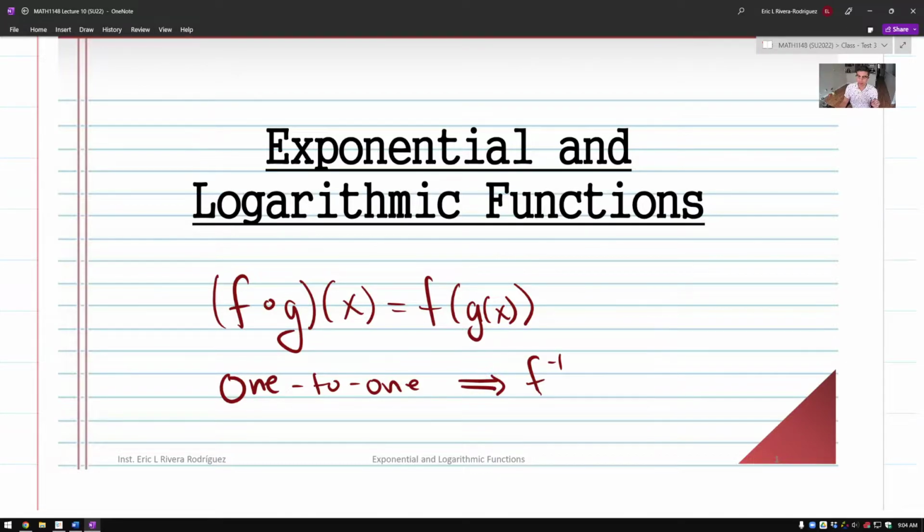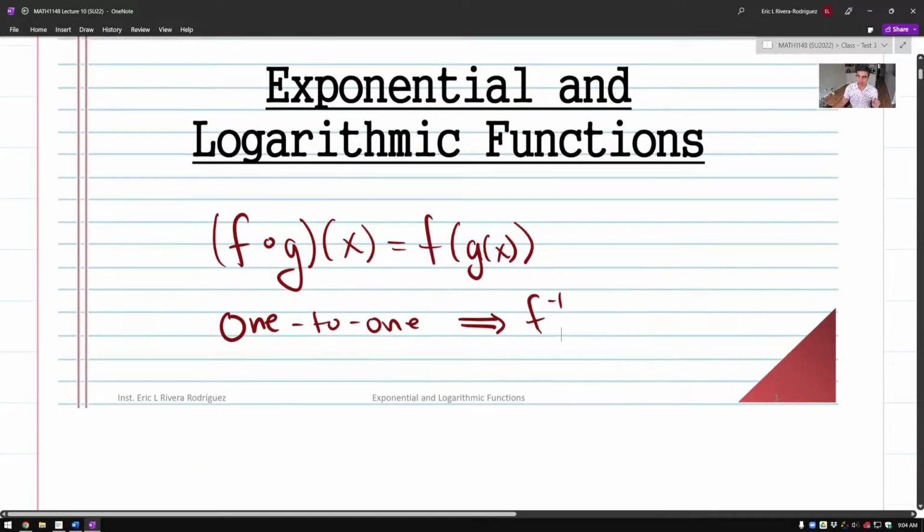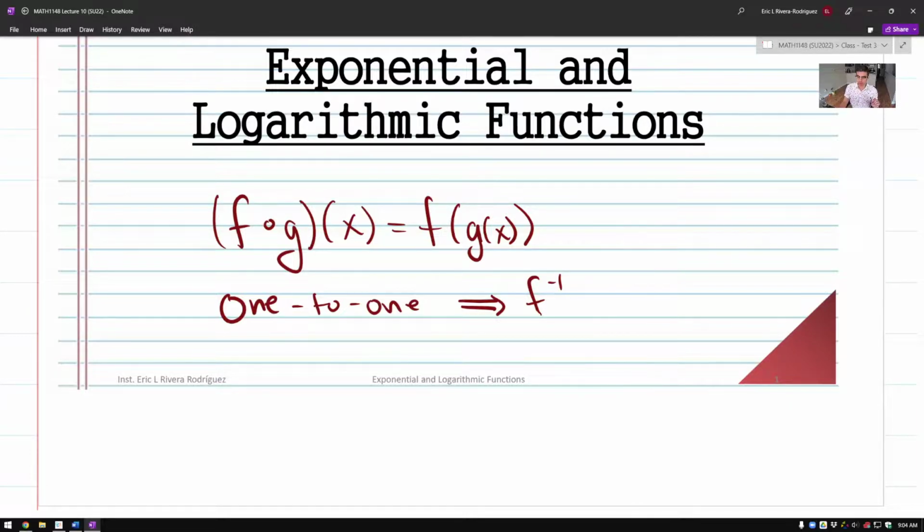And when we apply the composite function operation with inverse functions, what do we get as a result when we use the function and its inverse in a composite function?